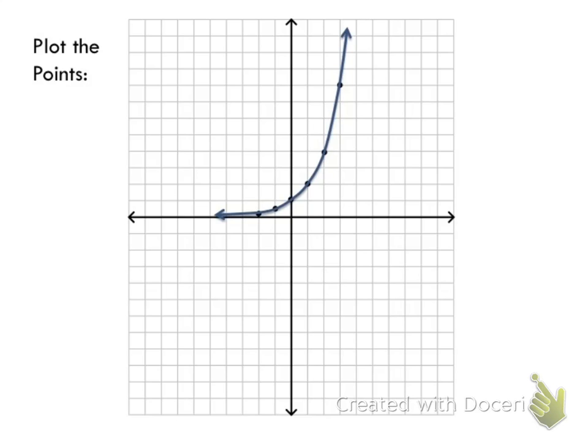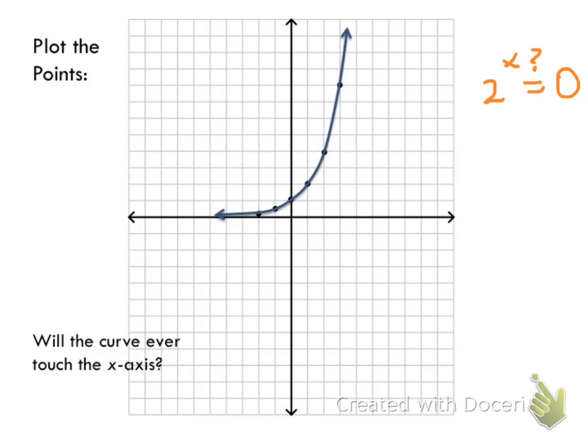And one of the things that is a bit unique about exponential functions is whether your graph is going to ever touch the x-axis. So if you think about this for a minute, if I have 2 being raised to some power, is there any value of x I can put in there that will end up giving me 0 as an answer?